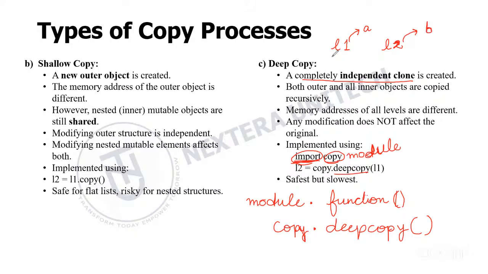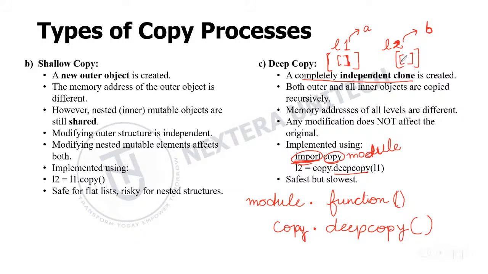L1 will be stored in memory location A and L2 will be stored in memory location B. Even if it has inner lists, both the outer lists are stored in different locations.